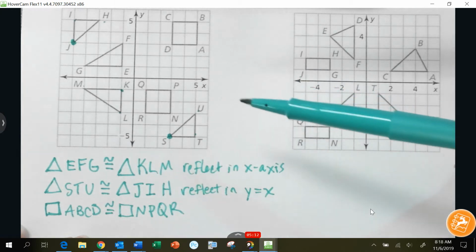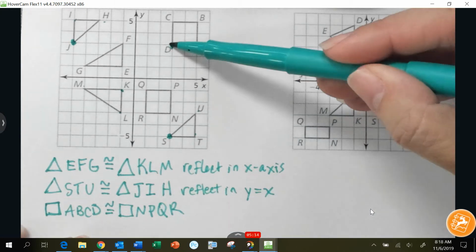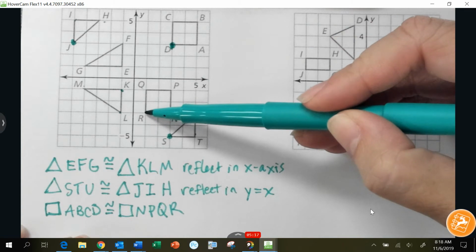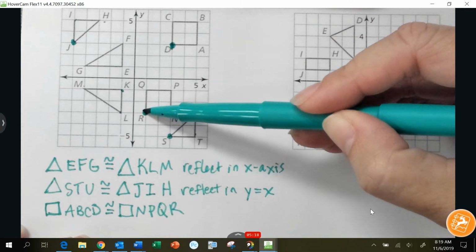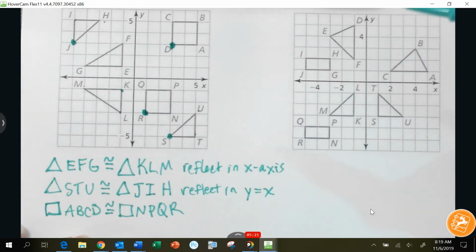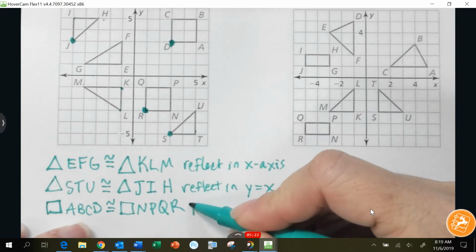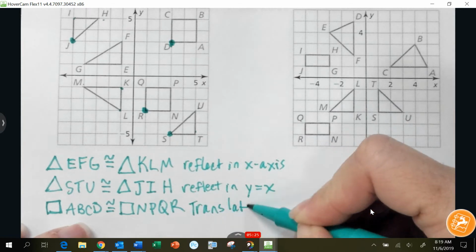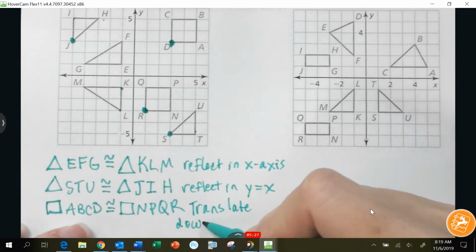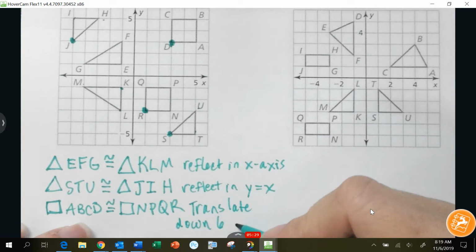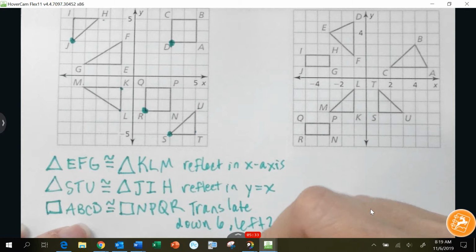Translation. What translation? If we start here at D and we end here at R, what is the translation? Down 6, and then which direction over? Left 2 units. Yep.